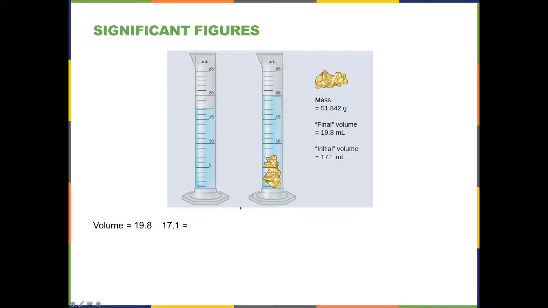So first of all, we measure the volume, 19.8 minus 17.1, which is going to be 2.7. And then we do the density, which is the mass divided by that volume, and we get this great big number out of our calculator. But we can go no farther than the tenths place, and since this is a 0, we just drop the rest. So the answer is 19.2 grams per milliliter.